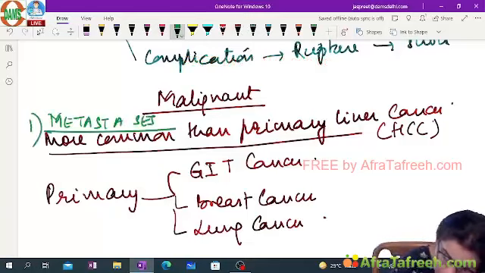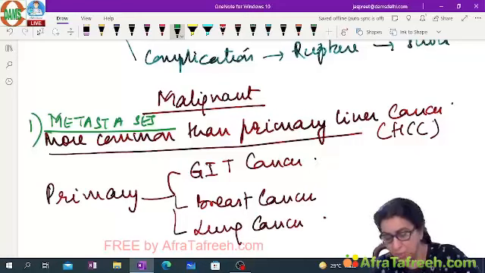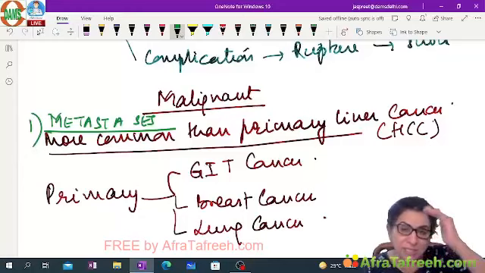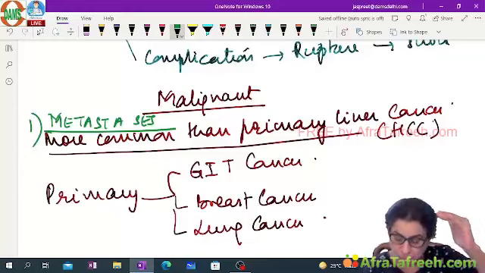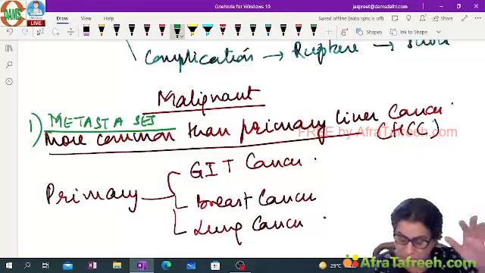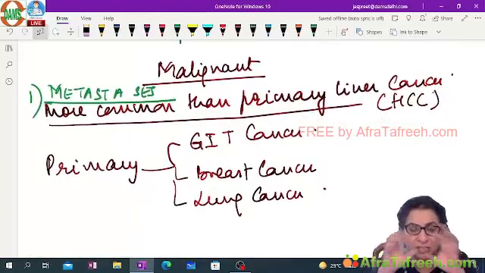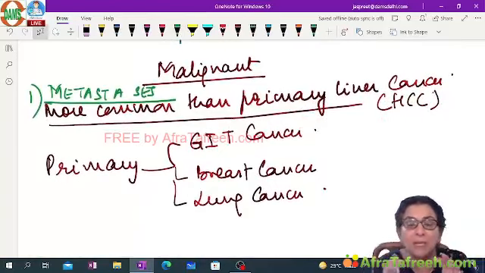So metastases are more common than primary liver carcinoma, that is hepatocellular carcinoma, and metastatic deposits in the liver can be due to GI cancers, breast or lung. And metastatic deposits in the liver will always be multiple.